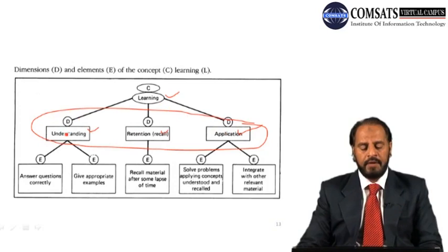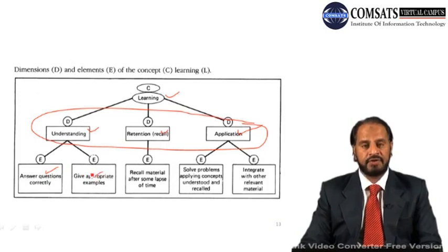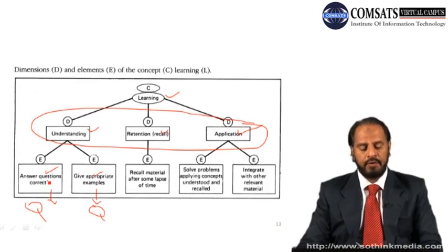And once we look at understanding, we say learning can be measured if you are able to answer proper questions correctly or give appropriate examples. This is the indication, the actual real behavior, which needs to be addressed. So underneath these, basically what you need to do is ask questions. Were you able to answer the questions correctly?